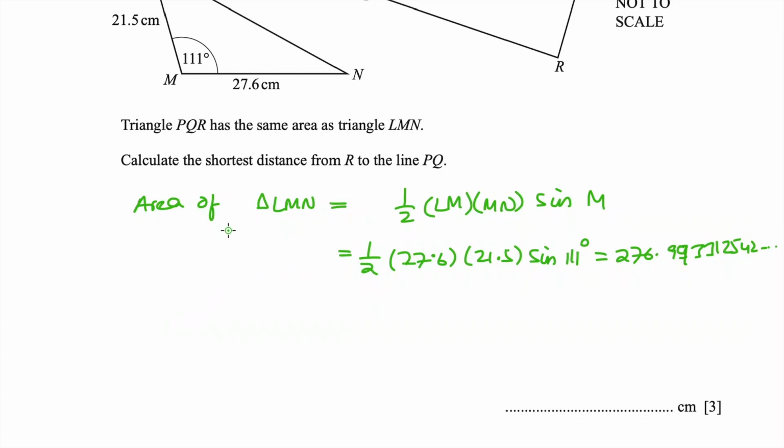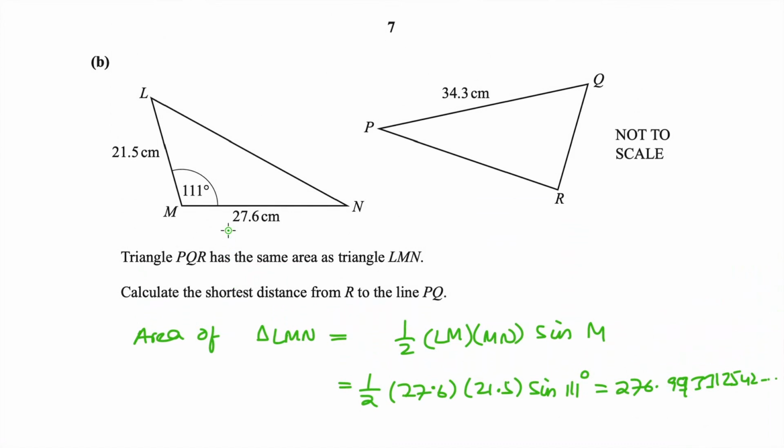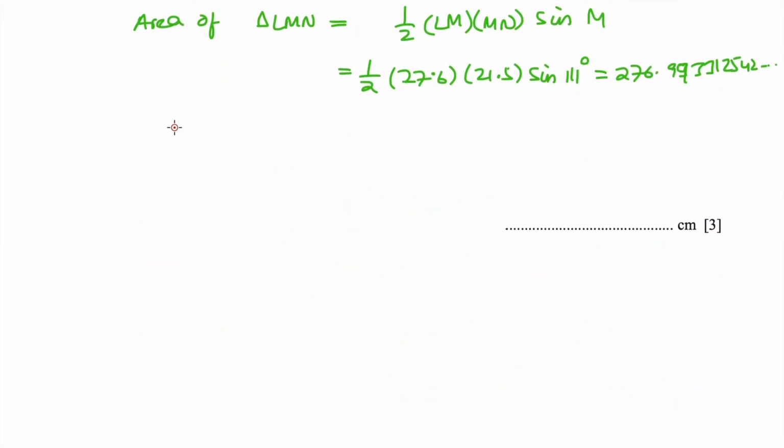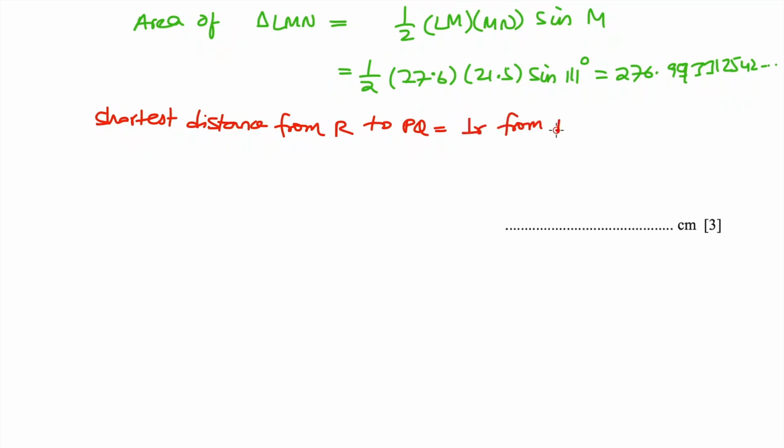Now, what are they trying to say? We need to calculate the shortest distance from R to line PQ. Shortest distance from R to PQ will be equal to the perpendicular from R to PQ. Let it be H. So area of triangle PQR would be equal to half into the base.